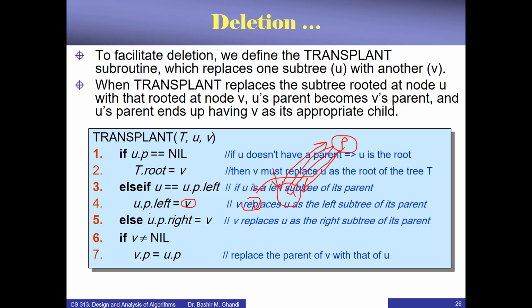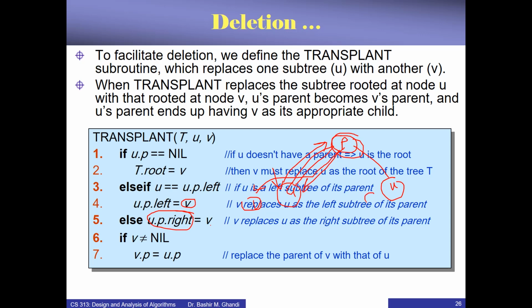On the other hand, if it was not, then it must be that U was a right child. So the right child of the parent of U will become V. Okay, because U was here, being a right child of its parent.